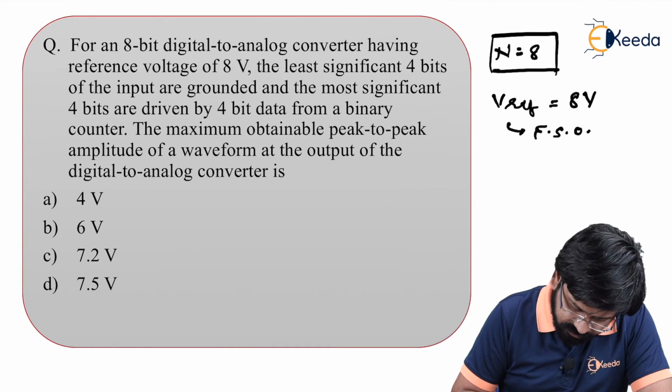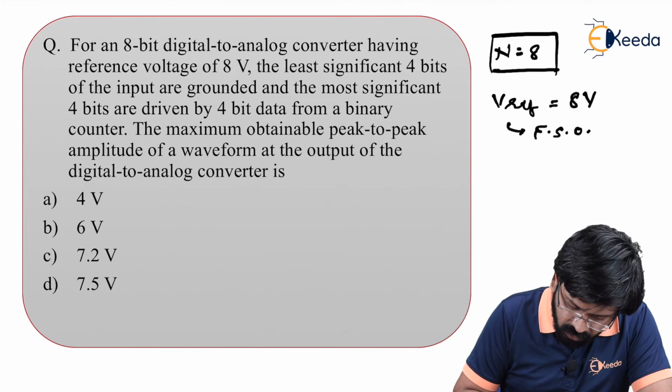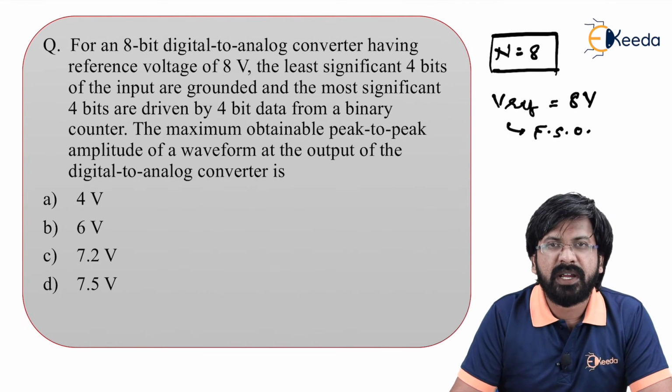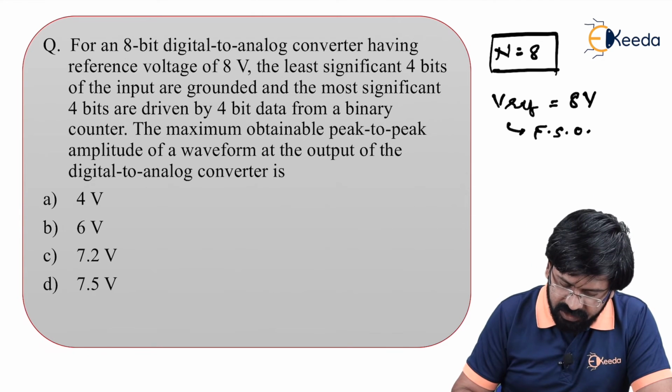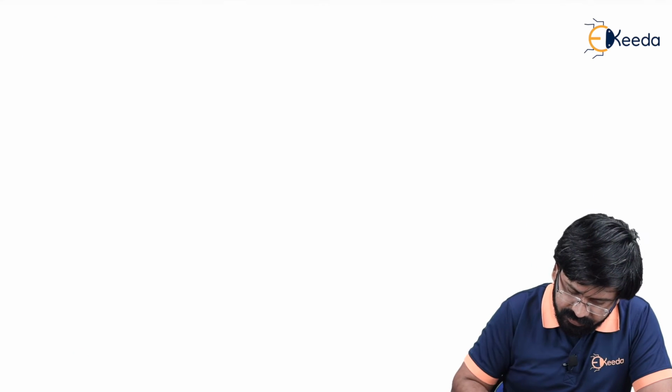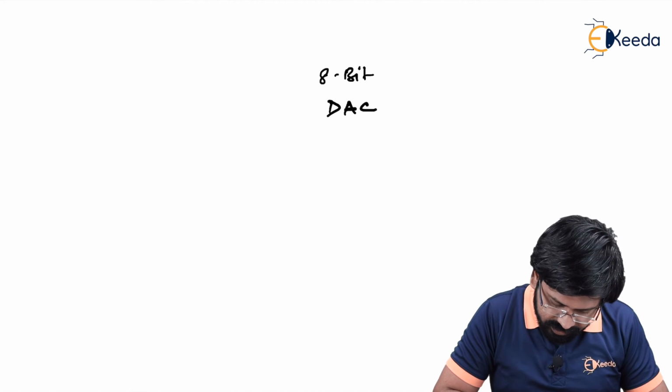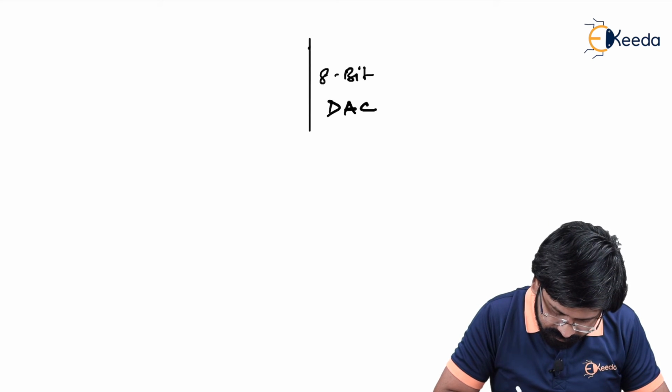Next, least significant 4 bits of inputs are grounded and most significant 4 bits are driven by 4-bit counter. What does that mean? We'll just try to draw this. See, you have 8-bit DAC. So as they say, it is 8-bit DAC.